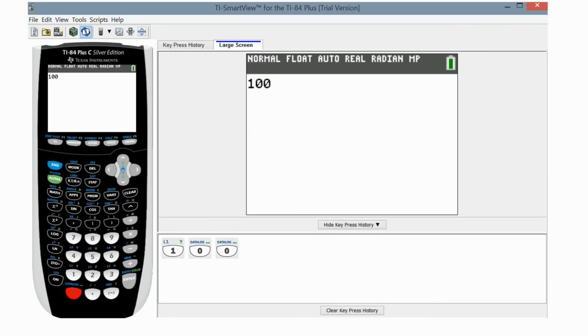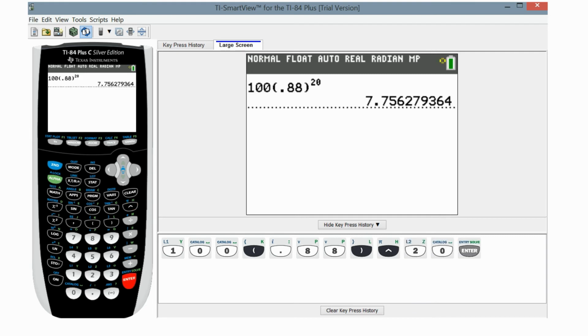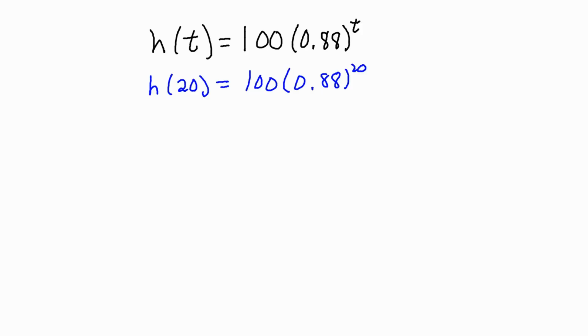Calculating, we have 100 parentheses 0.88 to the 20th power. So that gives us 7.756. So that equals 7.76%. Since we used 100 instead of 1, our answer came out as percent.